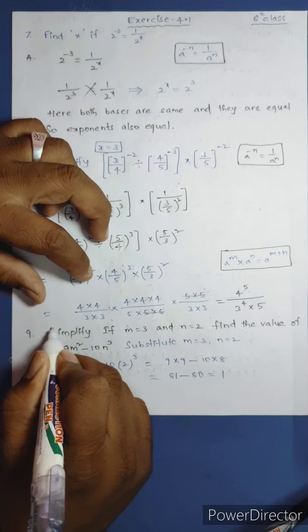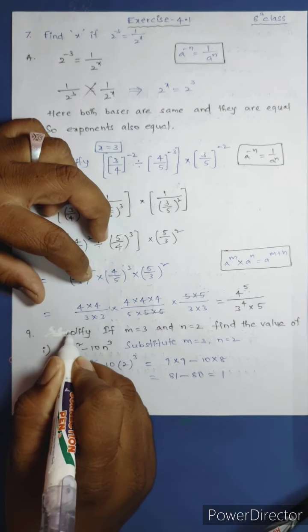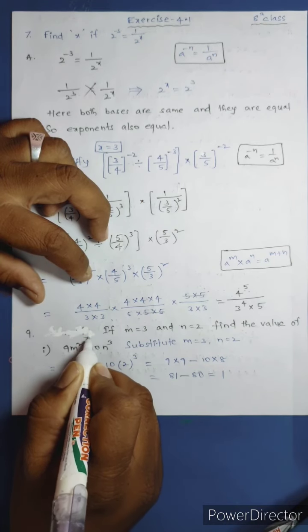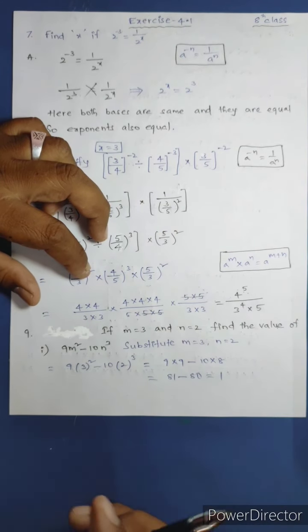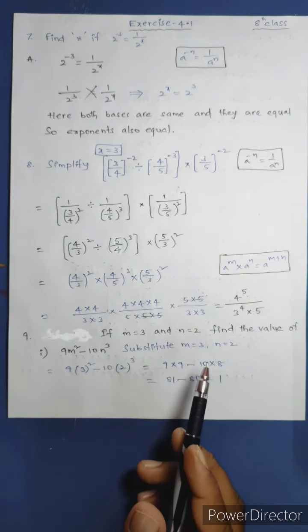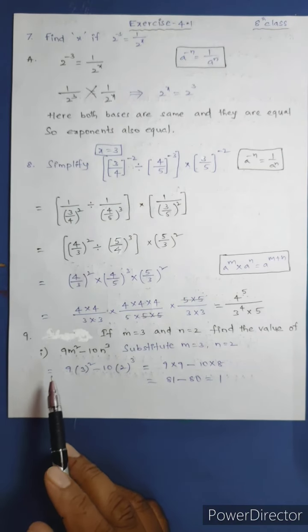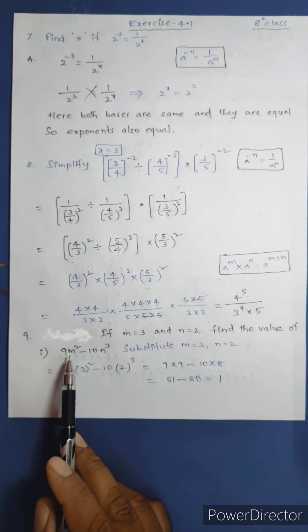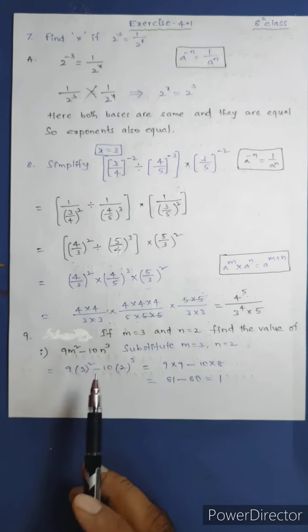See, if m is equal to 3 and n is equal to 2, find the value of the given questions. First question, 9m square minus 10n cube. We have the values of the variables m and n. M value is 3 and n value is 2.